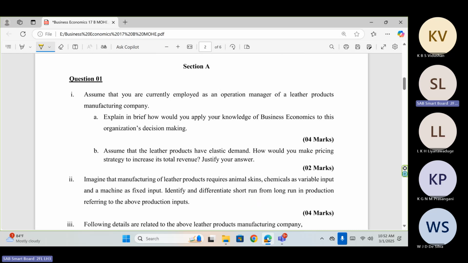So assume that you are currently employed as an operation manager of a leather product company, leather product manufacturing. Explain in brief how would you apply your knowledge of business economics to this organization?